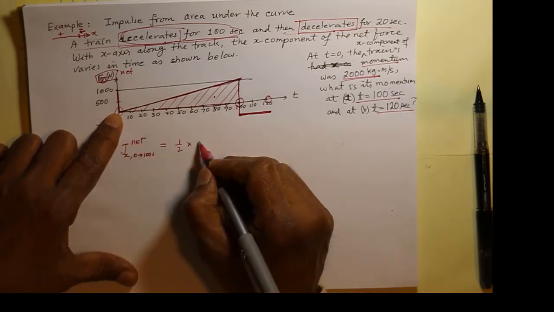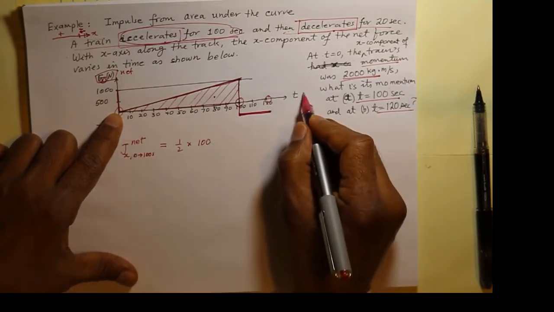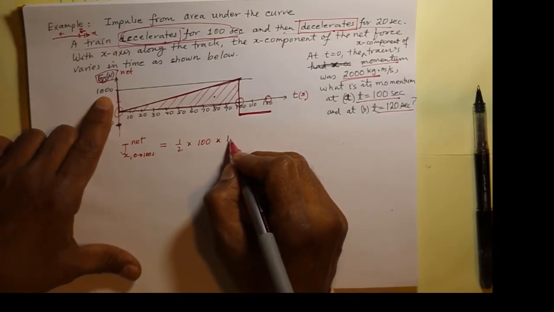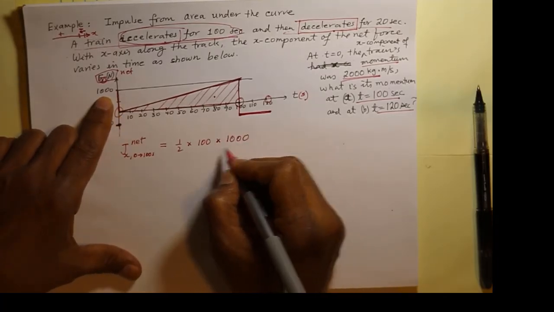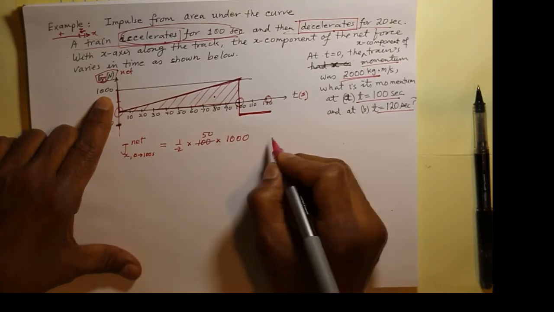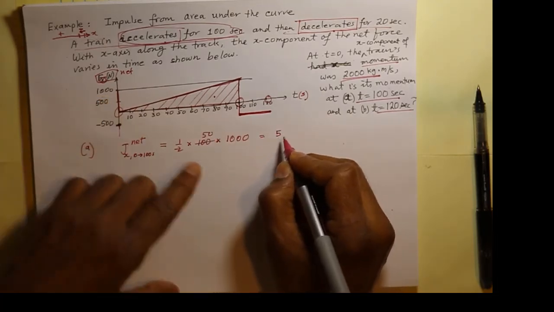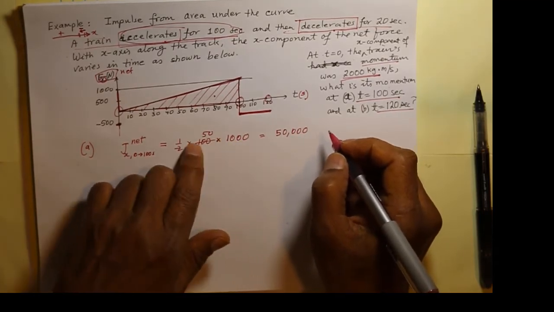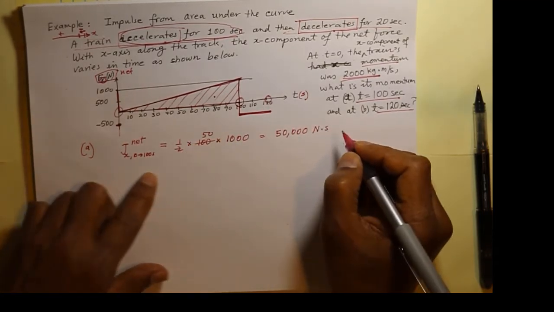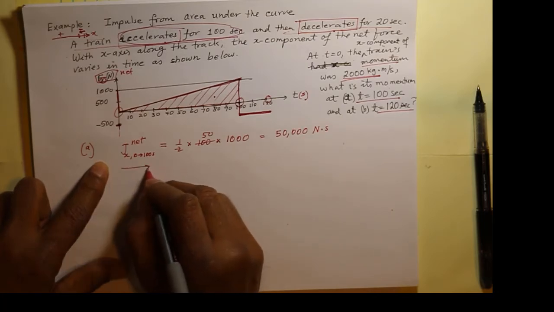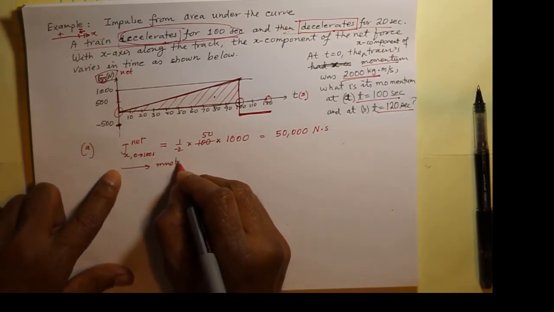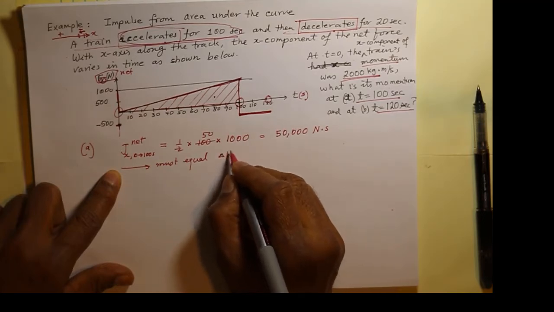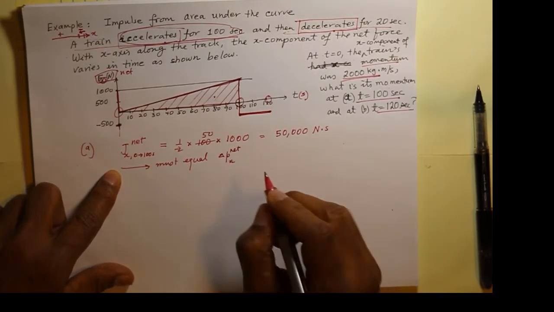The base is 100 seconds, and the height is 1000, so this is just 50,000. This is Newton second, and this must equal delta P net in the x direction.